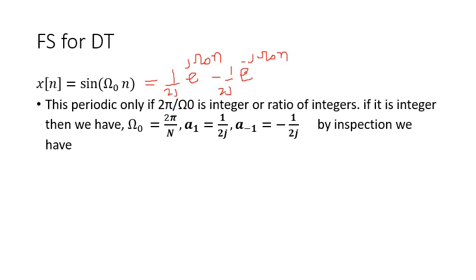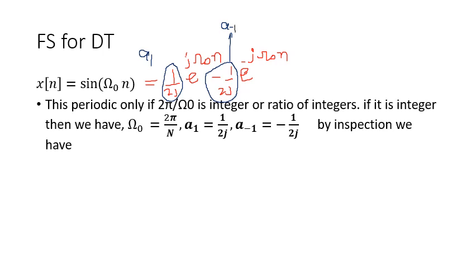That's quite straightforward. If you recall the previous example for its continuous counterpart, you can easily tell that basically these are the Fourier series coefficients, and this is A1, and this will be A of minus 1.